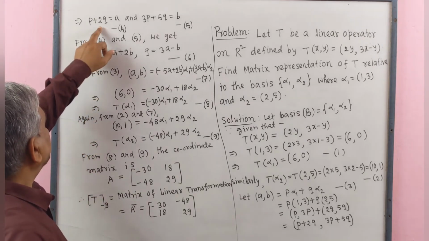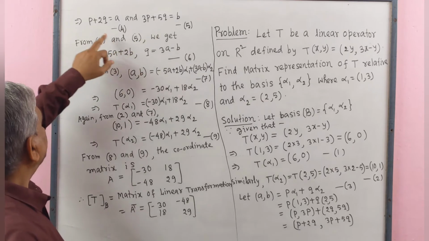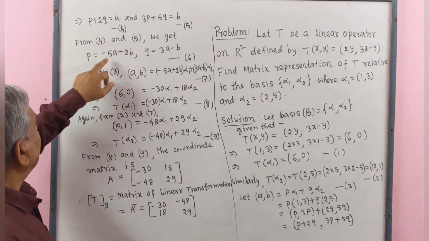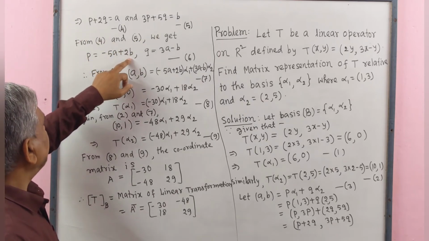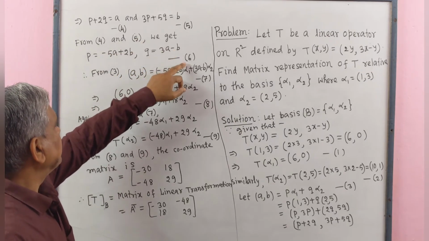We solve these two equations and we will get P equal to minus 5A plus 2B and Q equal to 3A minus B. This is number 6.